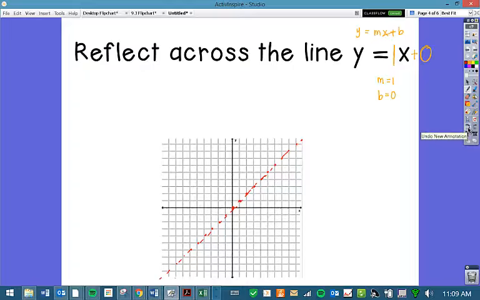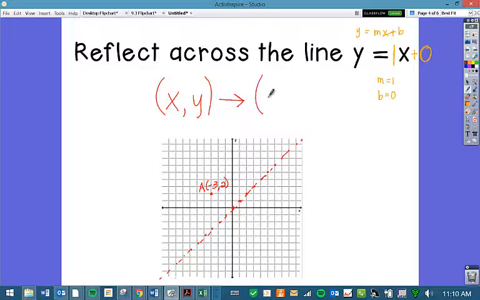Okay, let's say I had the point (-3, 2). Here's point A at (-3, 2). So I'm going to reflect this point across that line. It's going to end up somewhere over here. The rule for reflecting across the line y equals x, you're going to take your point and you're going to interchange the x and the y coordinates.